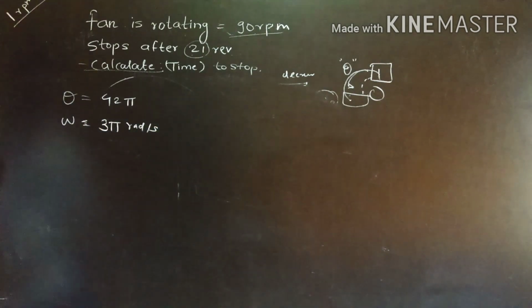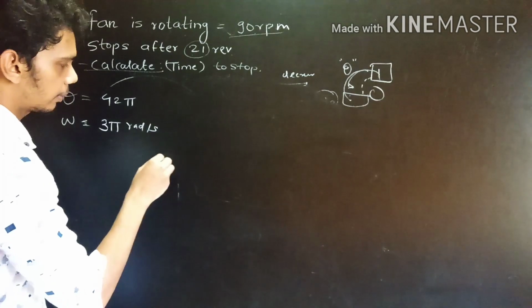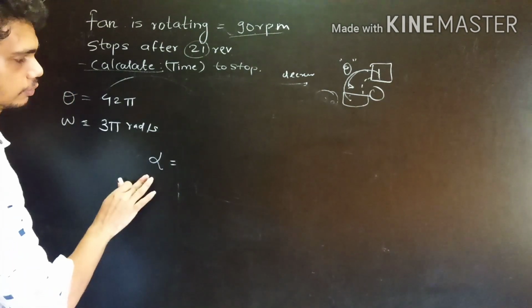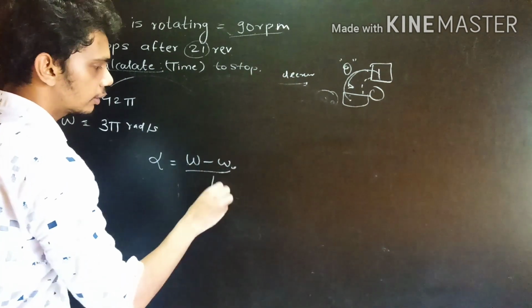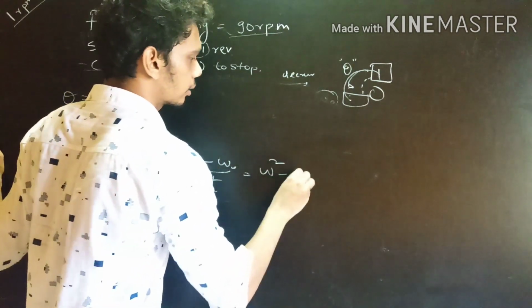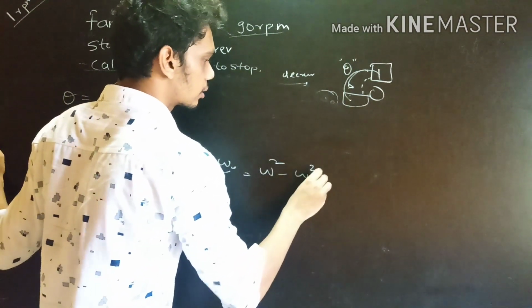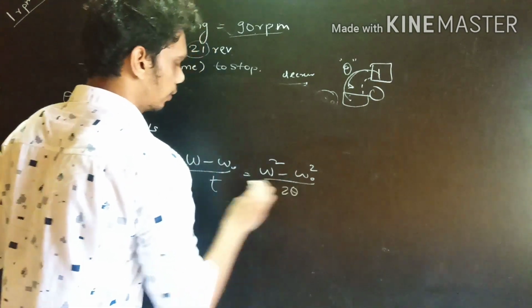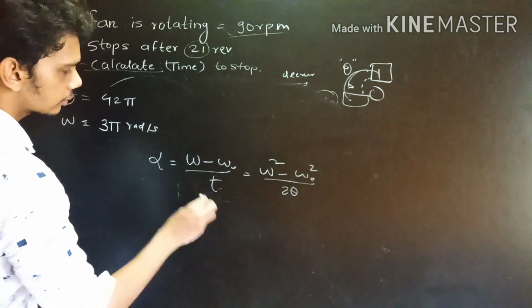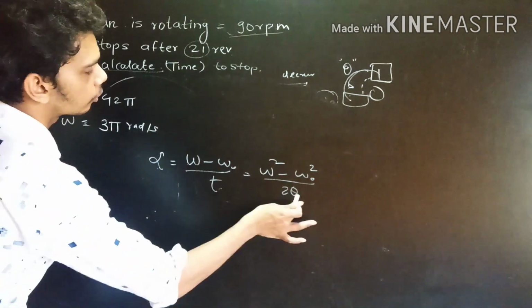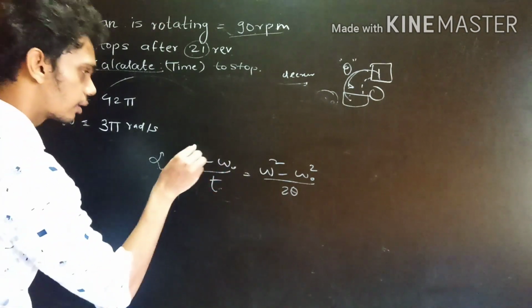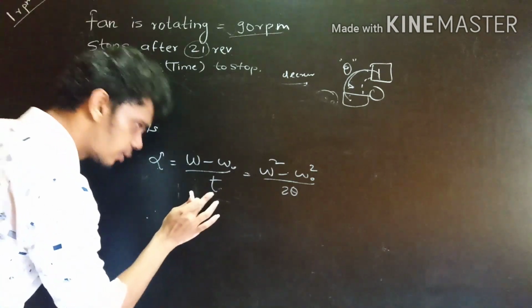So let's use this in a kinematic equation. What is the kinematic equation? Angular acceleration is equal to omega minus omega 0 upon t, or omega square minus omega 0 square upon 2 theta. We have to find the time period, so let's use this. Both are formulas of the acceleration. We are using these two for comparing, and we want the time period.